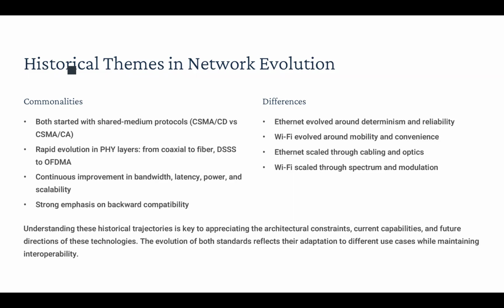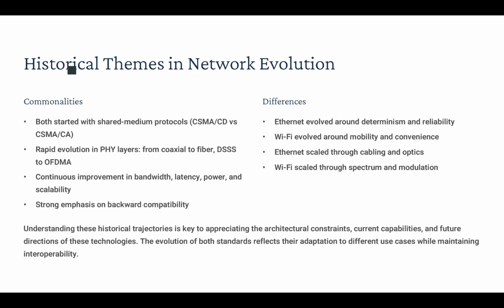On the other hand, Wi-Fi was designed for mobility, flexibility, and user convenience. Ethernet achieved higher speeds and capacity by advancing the cabling system, like introducing Cat5 through Cat8, or using fiber optic.